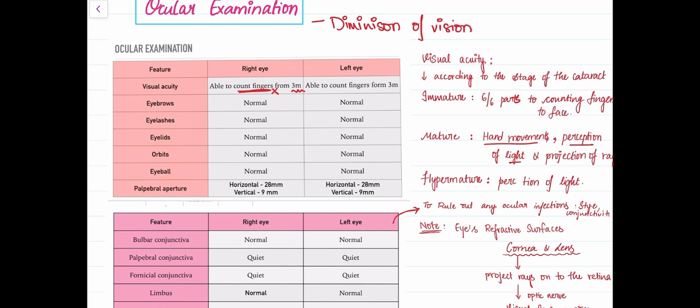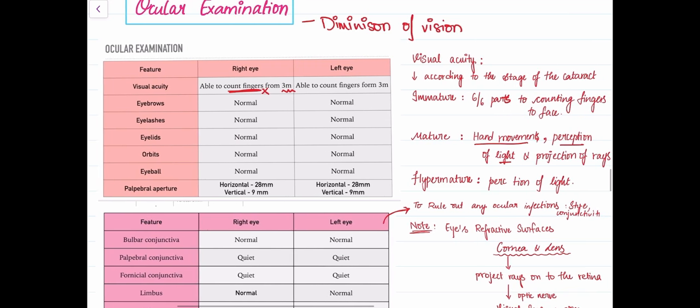So even based on ocular exam, that is visual acuity, we can differentiate types of cataract. So we have immature, mature and hypermature cataract. If it is immature cataract, that means the patient is able to count fingers from 6 meters to the face, then we can decide it's an immature cataract.